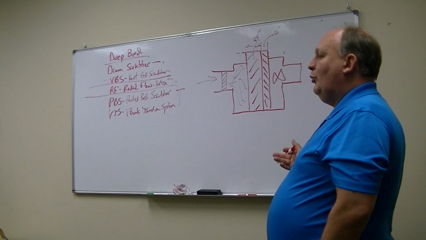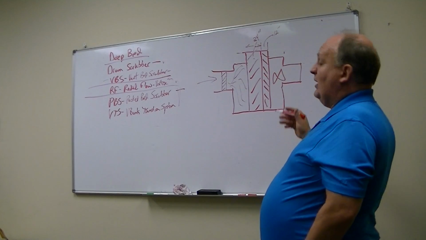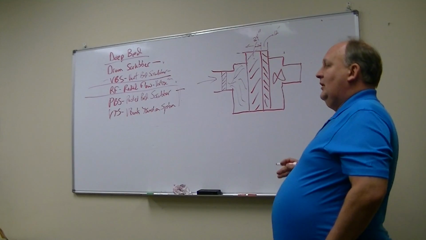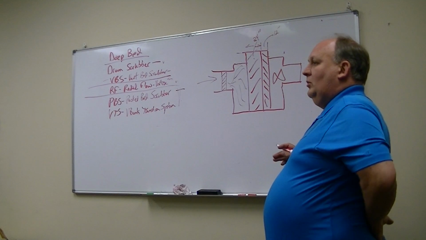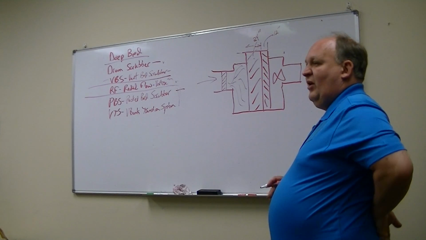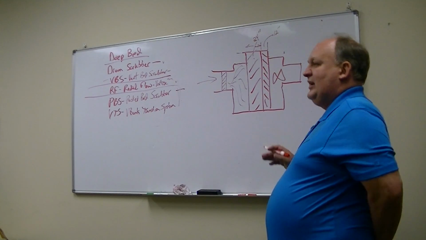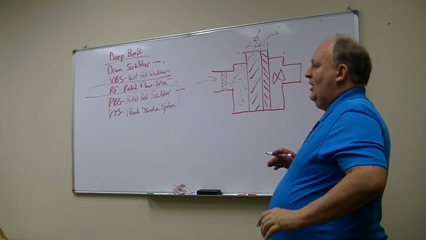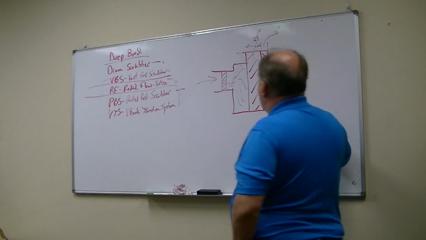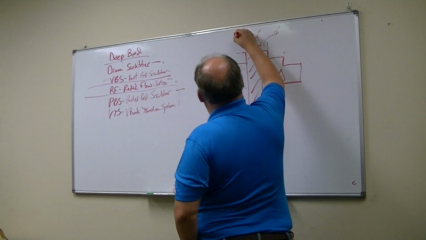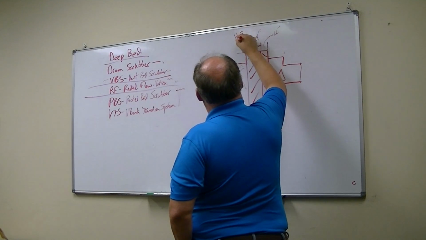The general principle behind odor control, especially in municipal sewage odor control, is that there are lots and lots of different types of odors in sewage. The primary one is hydrogen sulfide, okay?